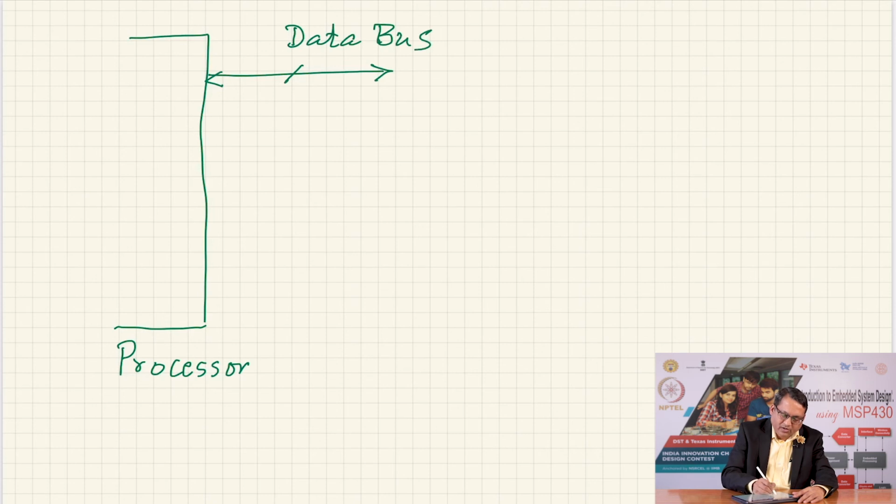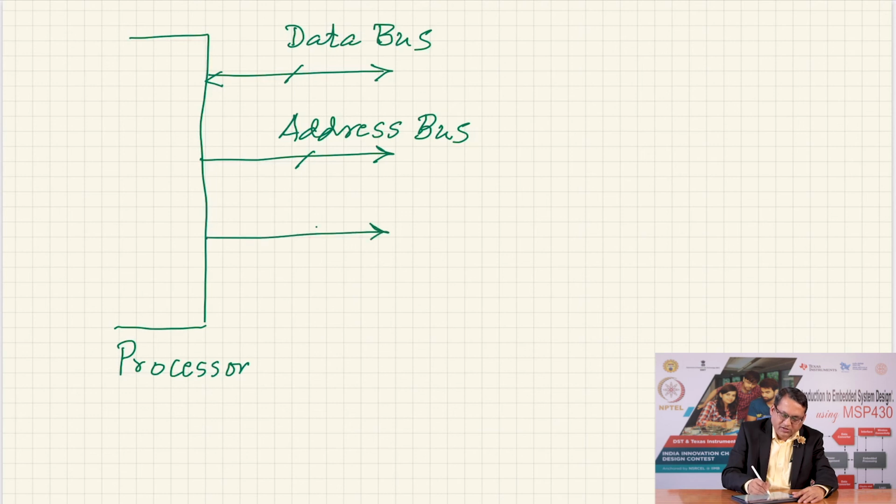You would have an address bus and outgoing pins for address, and you would have suitable control signals to generate the chip select and output enable and write bar signals and so on. So let's call this the control bus.